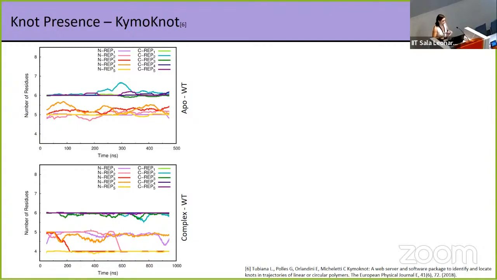However, with the passage of time during our simulation, this ends up shifting from the 5 initial residues to 4. And probably if we extended these simulations, all of them would end up with the 4 residues. So we can clearly see, looking at this, that there is some kind of shift in the complex that doesn't happen in the apo structure.